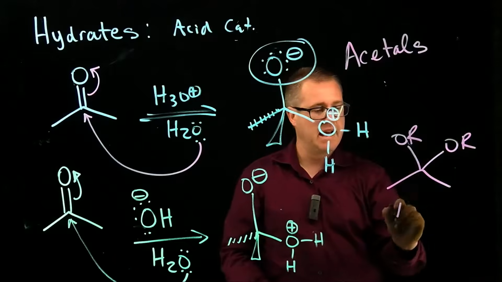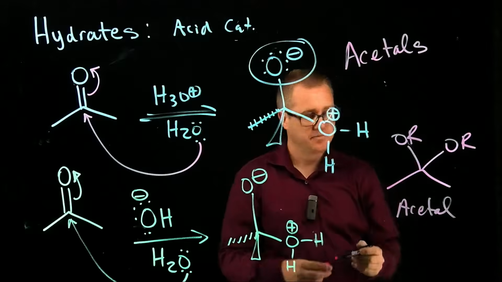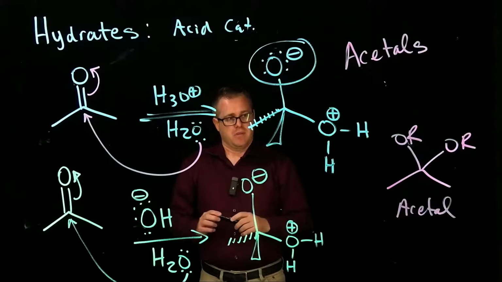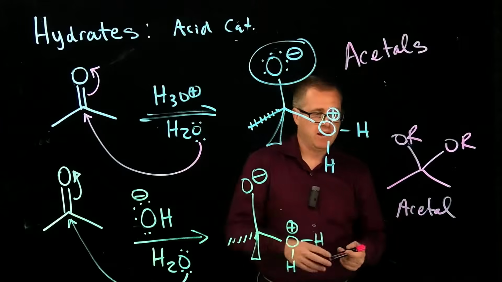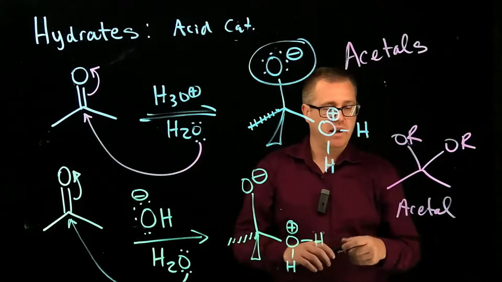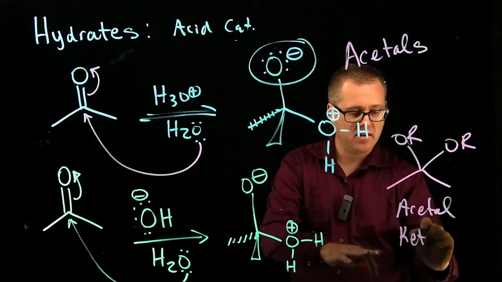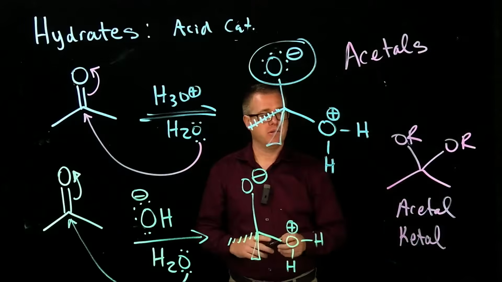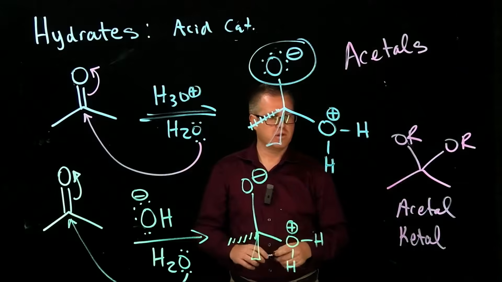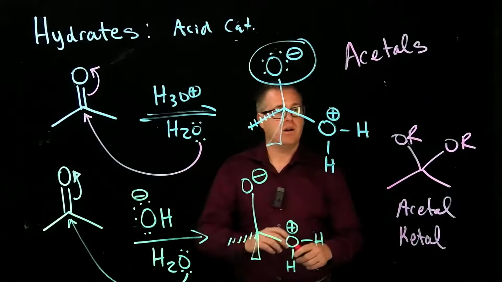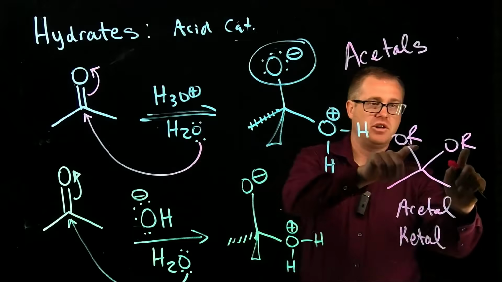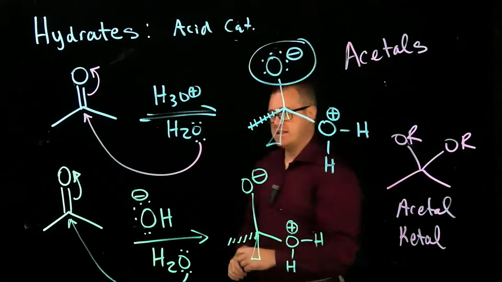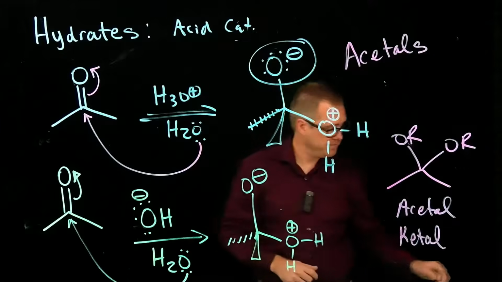That right there is an acetal. And then as we progress in here, we're going to differentiate between an acetal and a ketal shortly. Okay, and then we'll make sure we understand what those words mean. But overall, what we're doing is we're replacing the two hydrogens that were here in the hydrate, putting R groups. So that's the next reaction we will look at.